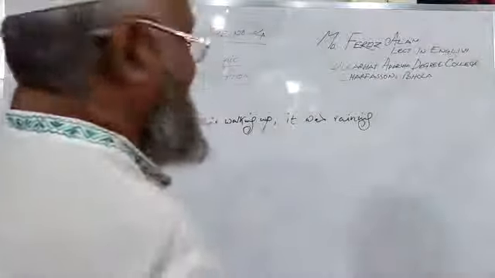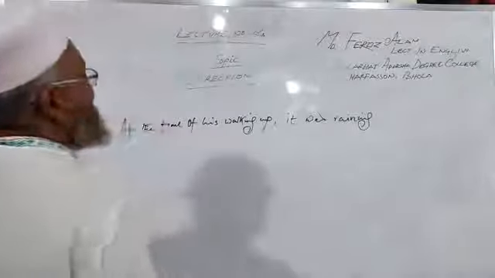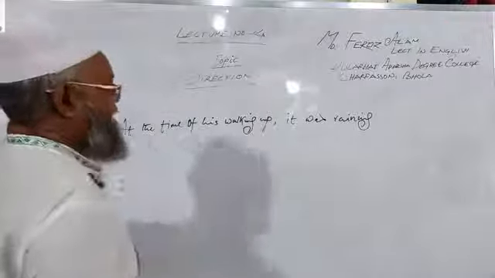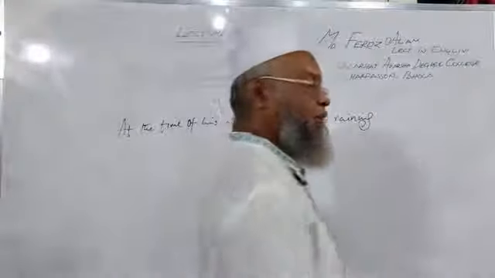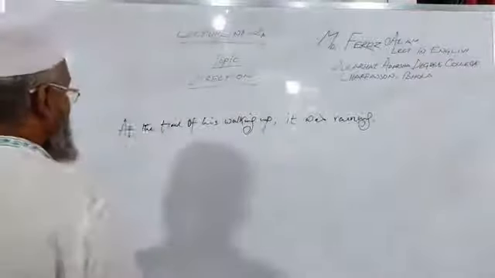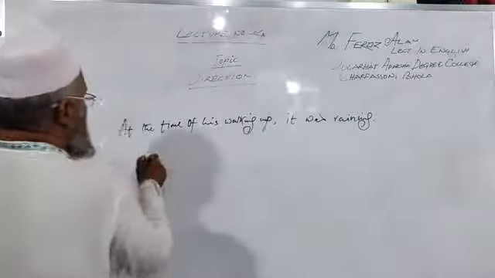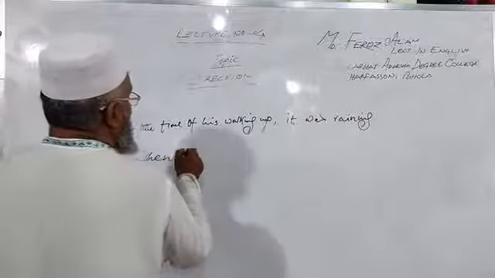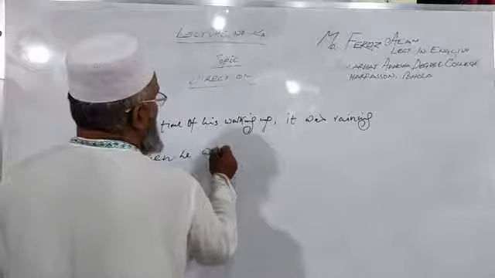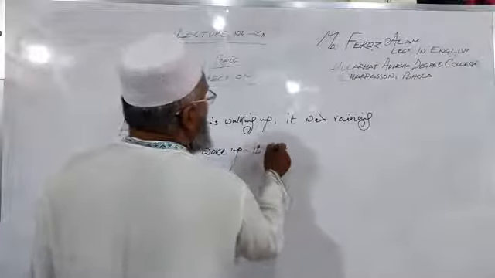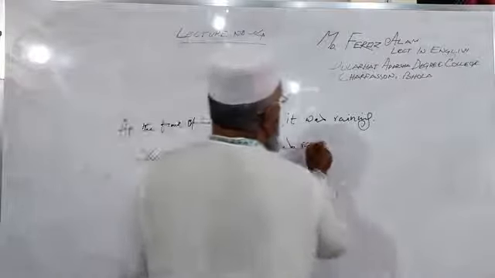Here we have to make the clause, and that is when. By the help of when, while, as, since, because, you can make complex. When he woke up, it was raining.